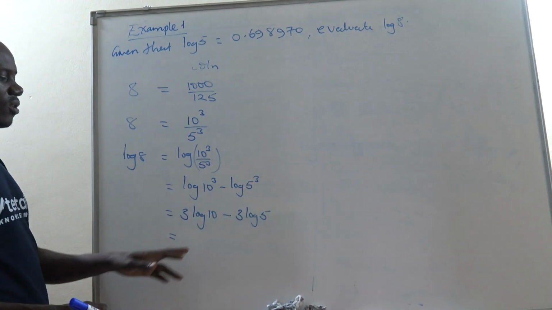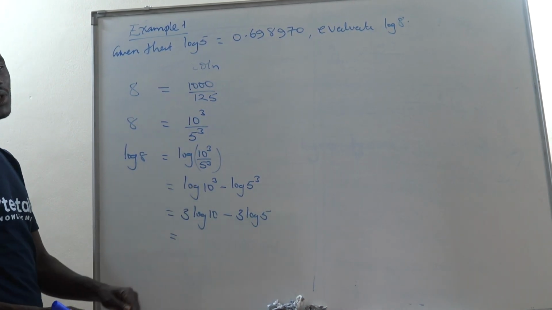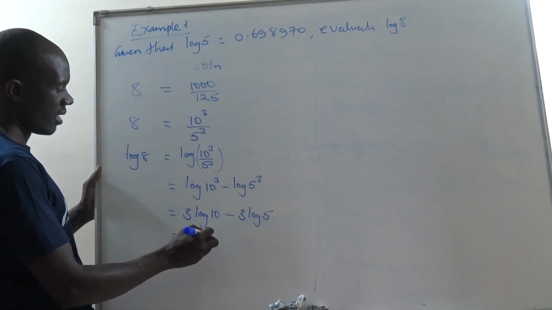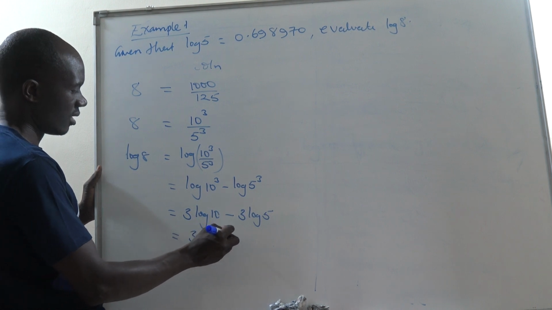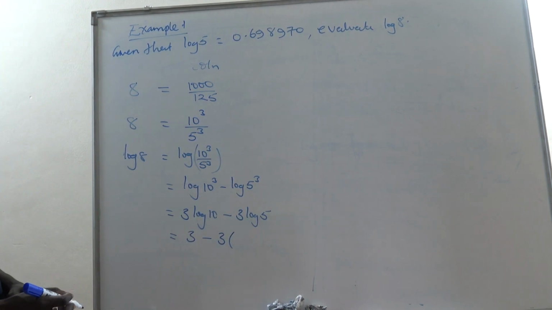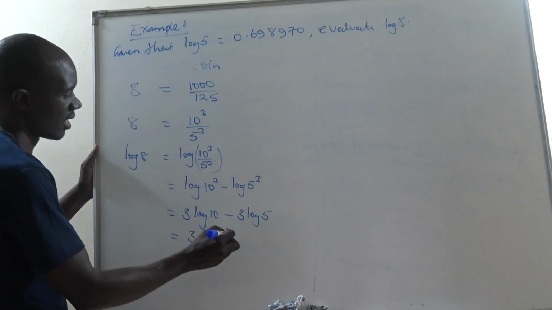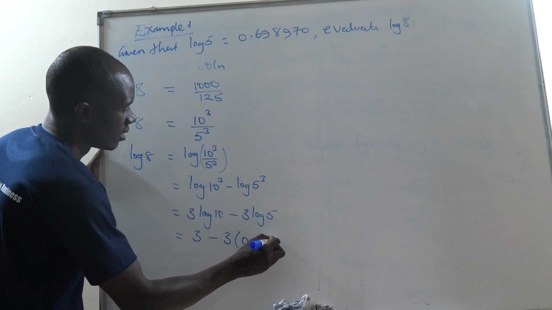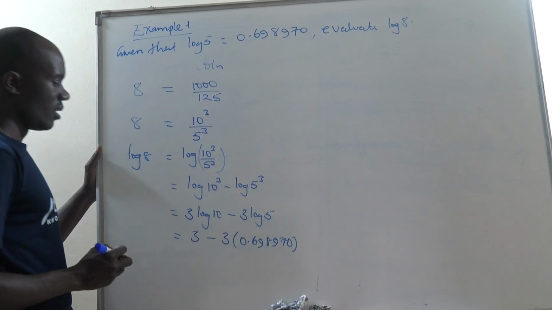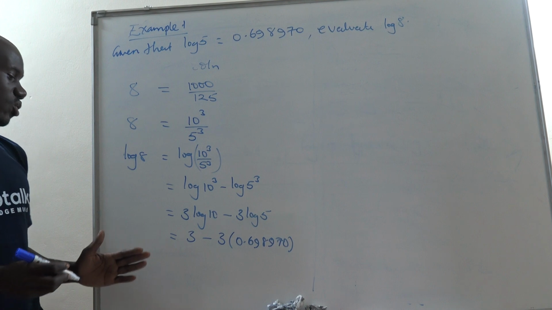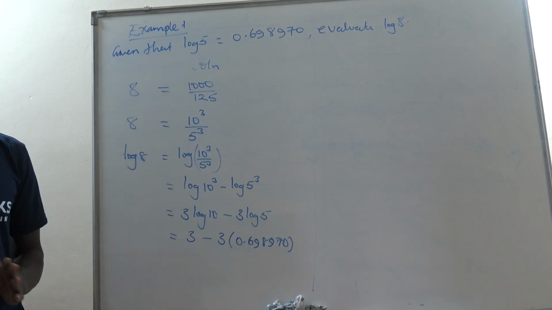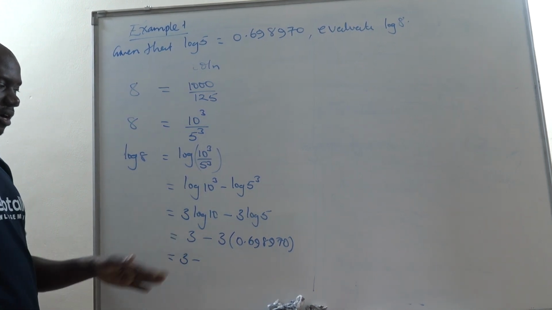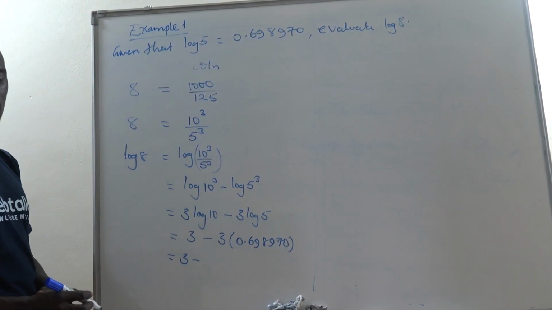And we say that log of a number to the same base is 1. So what I remain with is 3 minus 3 times log of 5. Log of 5 is already given as 0.698970. Then you are free to multiply and come out with a clear answer. This is the same as 3 minus, can we press on our calculators, 3 times 0.698970.